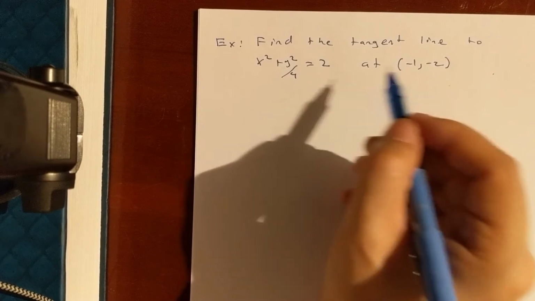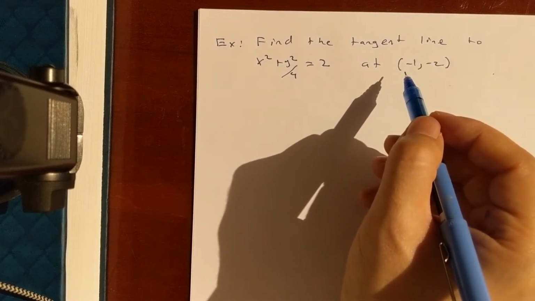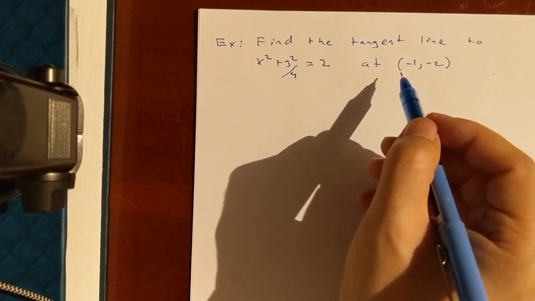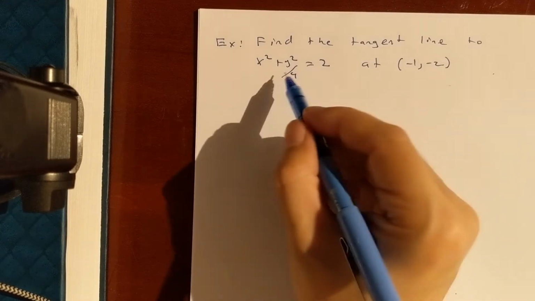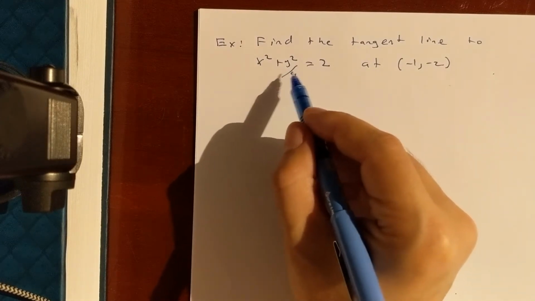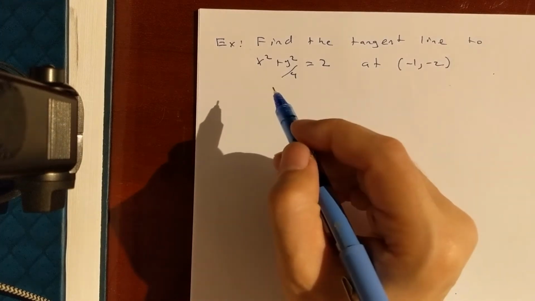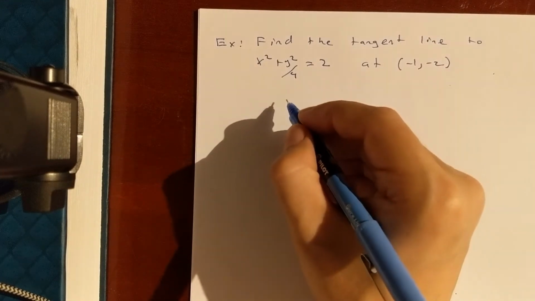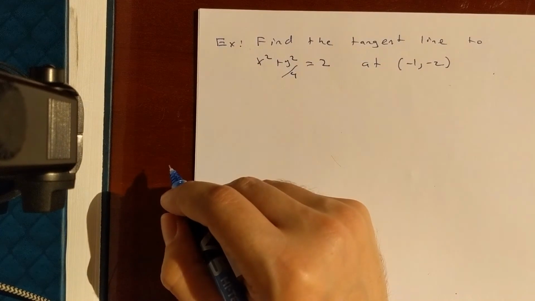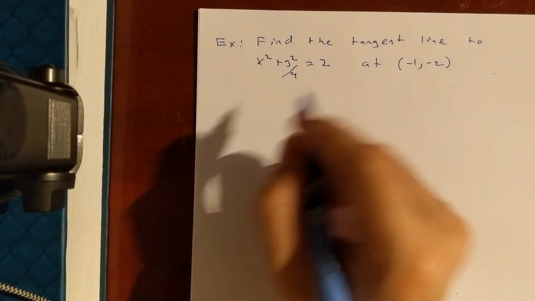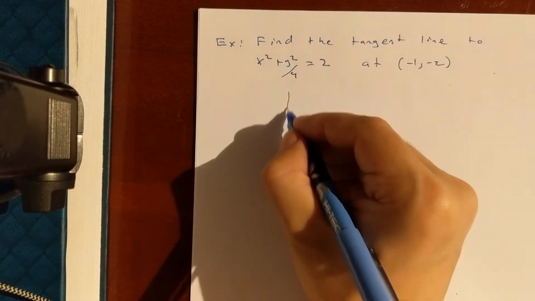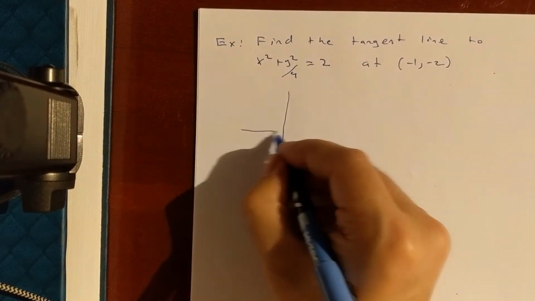Okay, so I want to find the gradient and the tangent line. So this is going to be an ellipse, right? Actually, it's going to be much easier if we write this, or let's keep it like this. It's going to be some sort of ellipse.